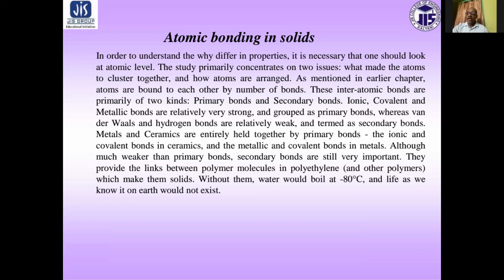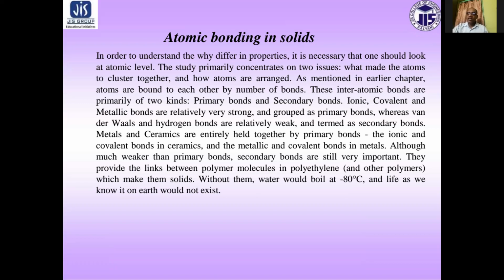Metals and ceramics are entirely held together by the primary bonds, that is the ionic and covalent bonds in ceramics, and the metallic and covalent bonds in metals. Although much weaker than the primary bonds, secondary bonds are still very important.